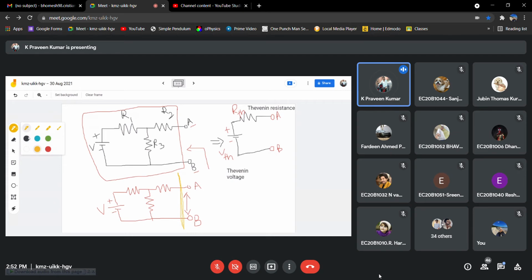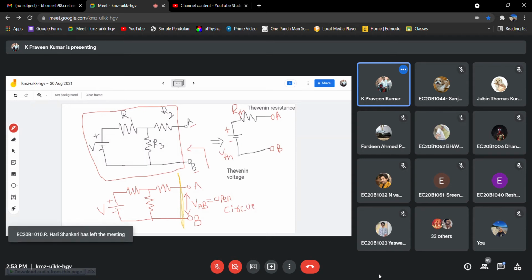Then how to start? What we want to calculate first is this voltage at the terminals, VAB. This is what we call the open circuit voltage. So this is known as open circuit voltage, and that is equal to the Thevenin voltage VTH.